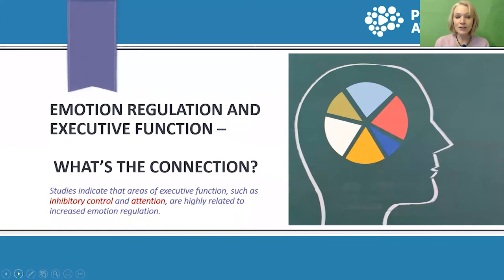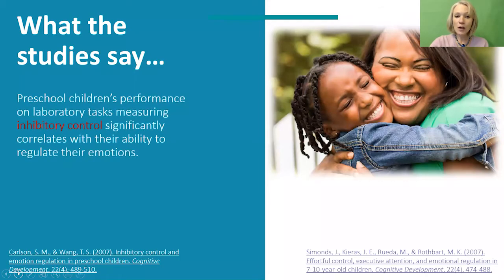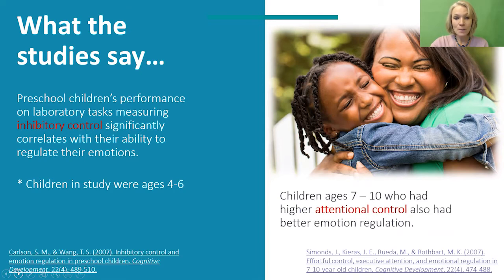So what's the connection? There are studies that have shown that skills such as inhibitory control and also attention are highly related to increased emotion regulation. There was one study that was done with a group of children who were ages 4 to 6, and they found that there was a significant correlation between those individuals' ability to control their inhibitions and their ability to control their emotions.